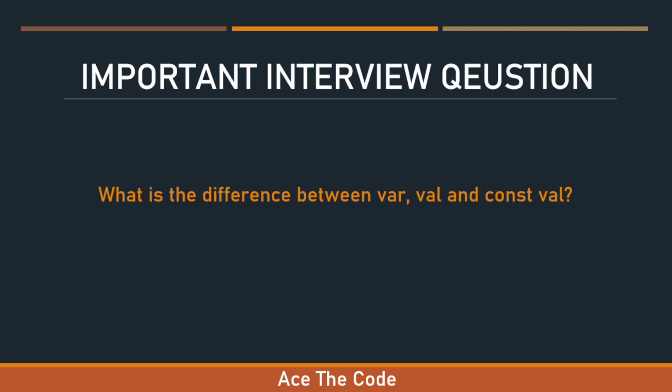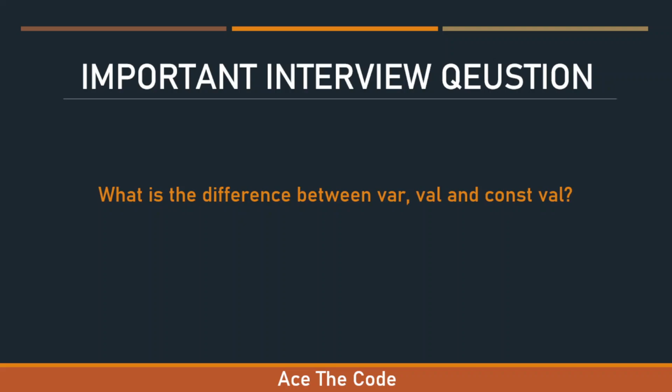Whereas const val is also immutable, and const val can be used only for byte, short, int, long, float, double, boolean, character, and string type of variables. Another difference between val and const val is const val has to be higher level declarations.